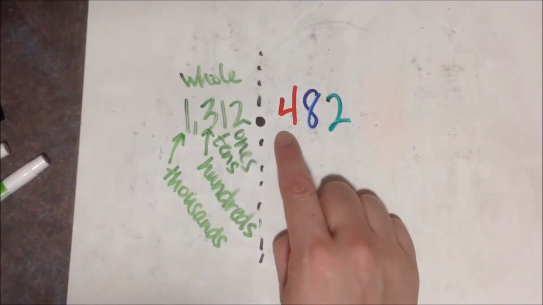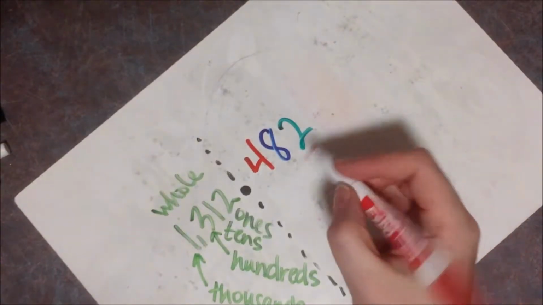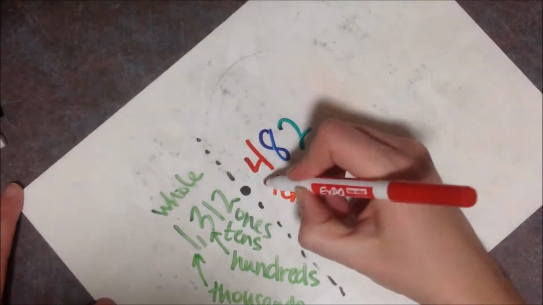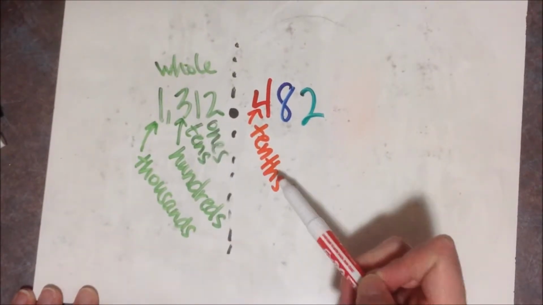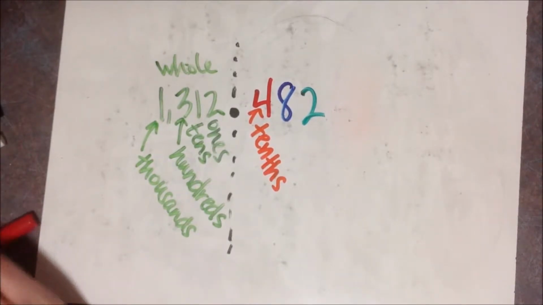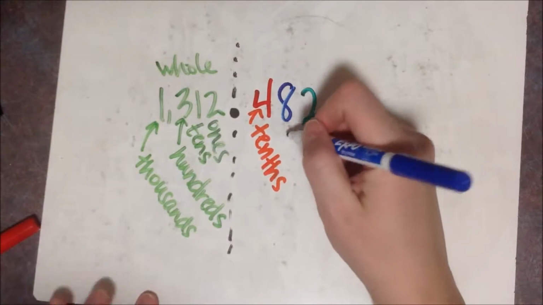The 4, the place, we've been talking about it as 0.4, but technically this is what's called the tenths place. Tenths. So it sounds like 10, but it has a THS on the end of it instead of just an S. And we say it tenths. And we'll talk about what that leads us to believe in a second.